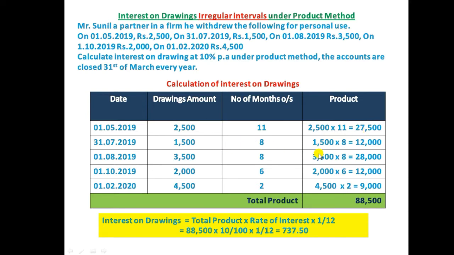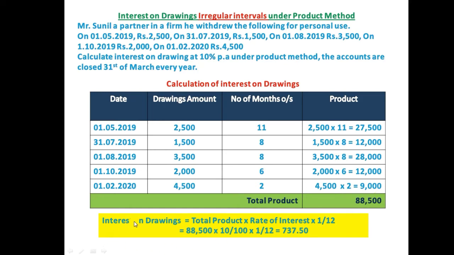And 1500 into 8 months outstanding is 12,000, 3500 into 8 months is 28,000, 2000 into 6 months is 12,000, 4500 into 2 months is 9,000. Then we total the product: 27,500 plus 12,000 plus 28,000 plus 12,000 plus 9,000. We get a total product of 88,500.